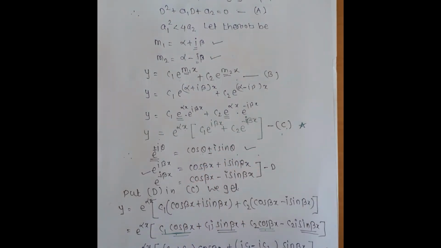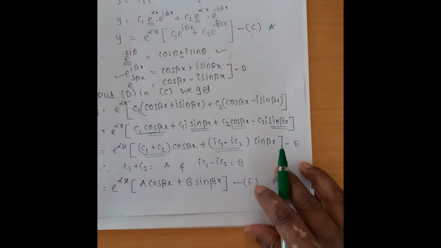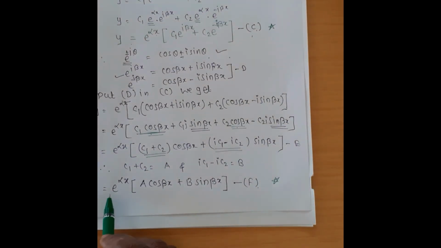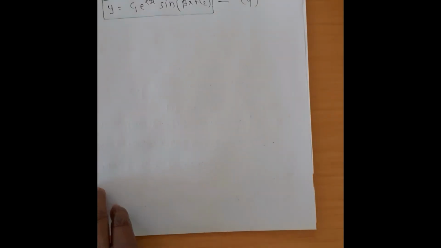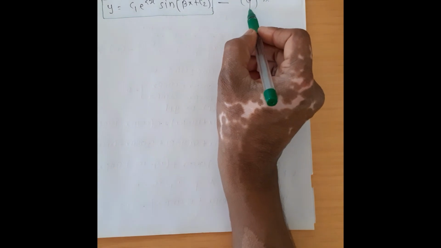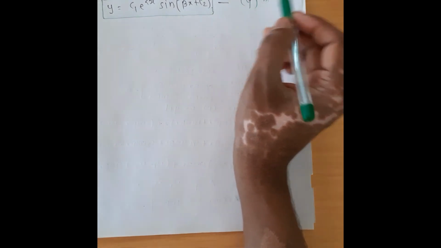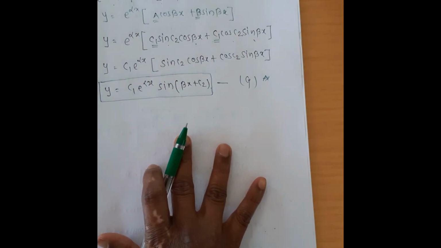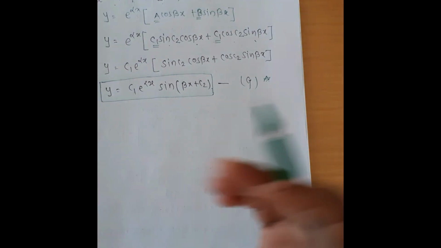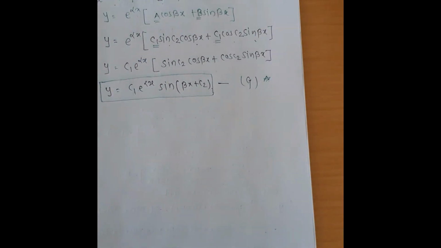Then equation F, y is equal to e raised to alpha x, A cos beta x plus B sin beta x, equation F. And this is the last equation, equation G. So these three equations are the solutions of the second order differential equation. Okay, these are the alternative forms of the solution of second order differential equation when the roots are complex conjugate pairs.